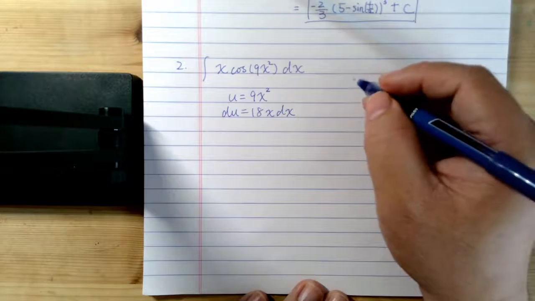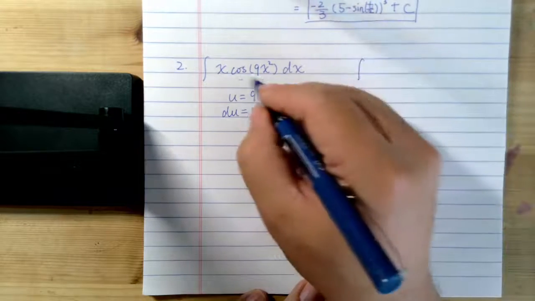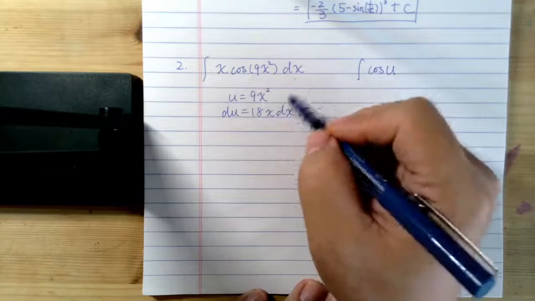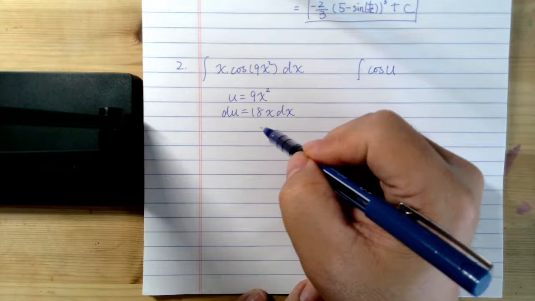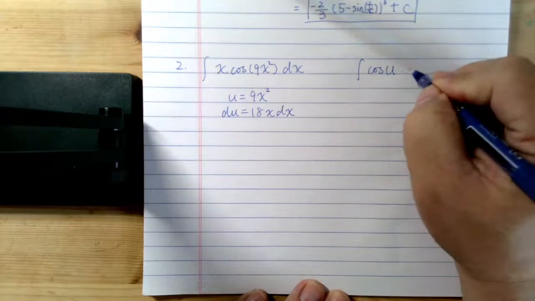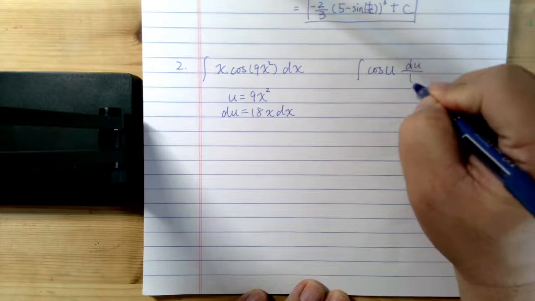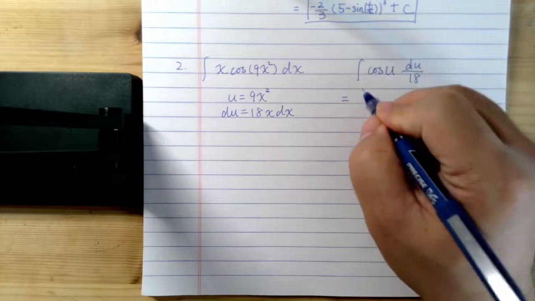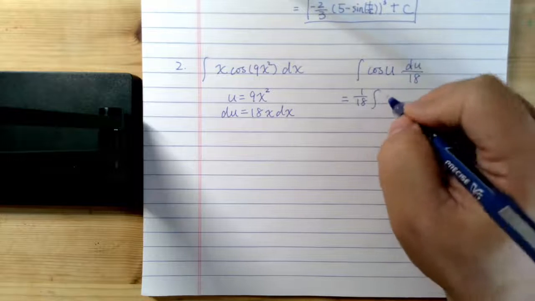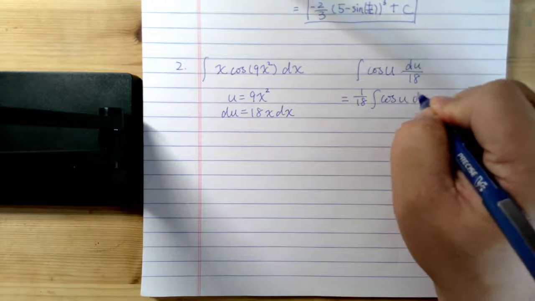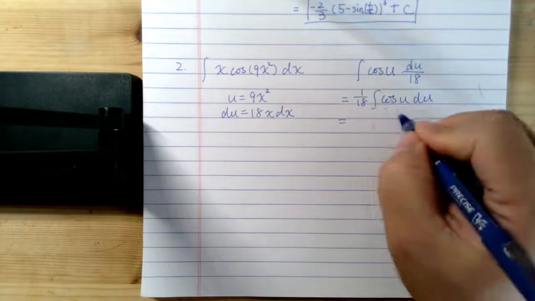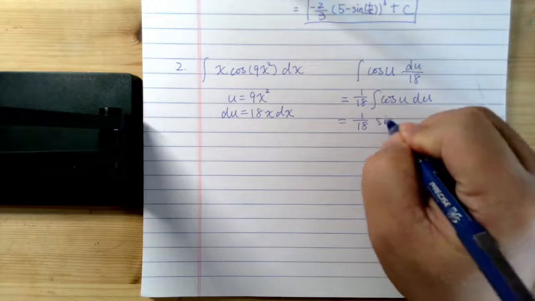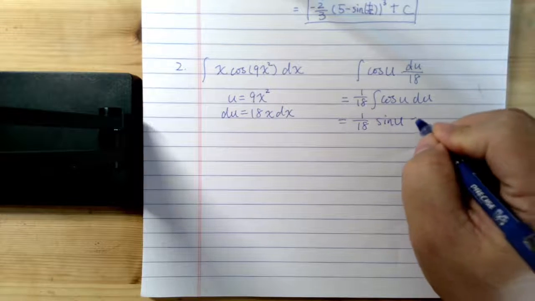This part is going to become cosine u, right? And the x dx, since du equals 18x dx, is going to become du over 18. So it turns out this is going to be 1 over 18 times the integral of cosine u du, and we know that the antiderivative of cosine u is sine of u, plus c.